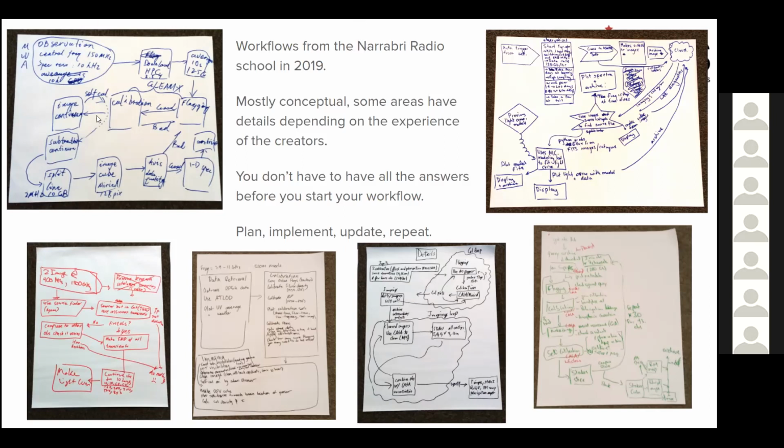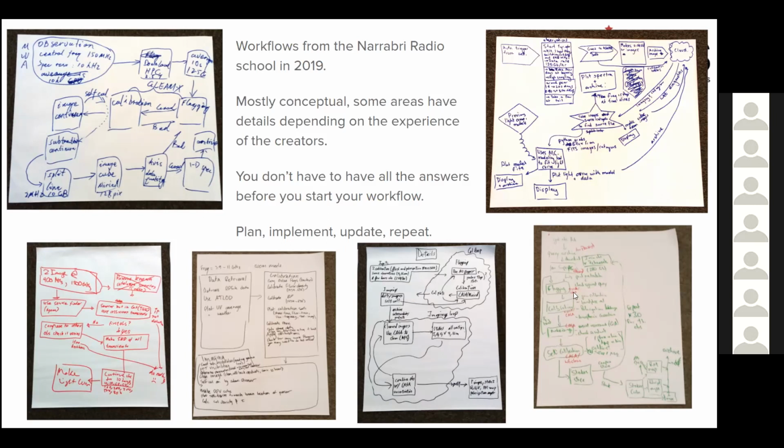And what you can see here is that everybody was able to do a good job of this. These different workflows are operating at different levels. Some of them are extremely detailed. The one on the bottom right here, you can see that whoever is in this group has either used this instrument before or has used the software before, because they've got this very detailed workflow, which has a bunch of counterflows and loops.